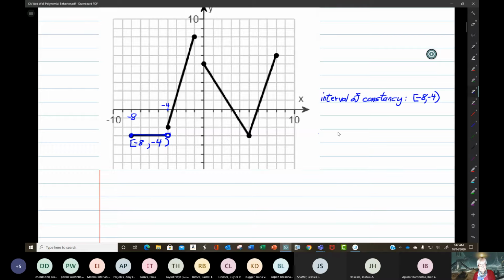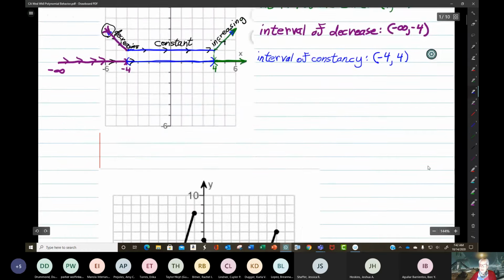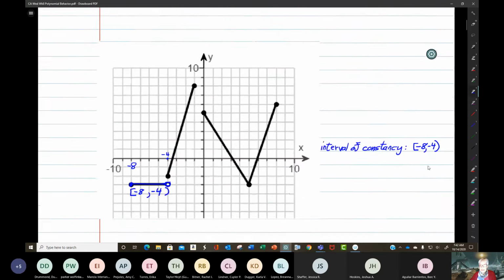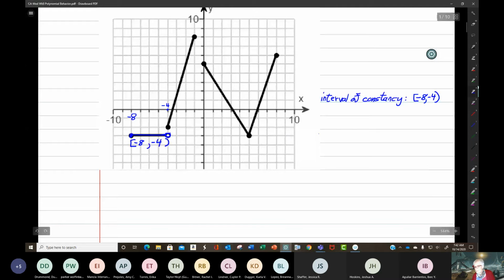Great. Now increase is green. This from left to right is increasing.